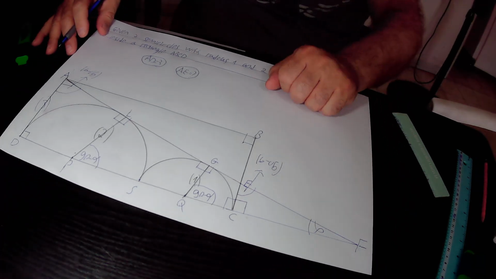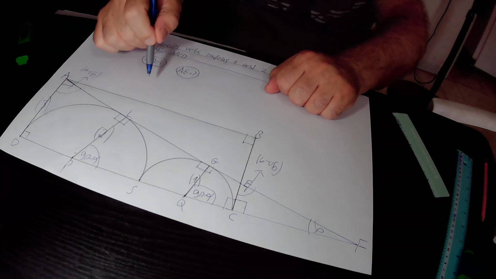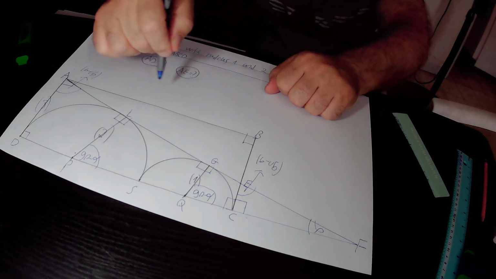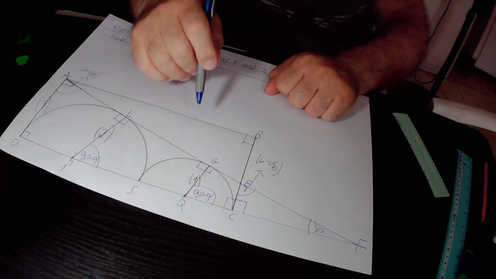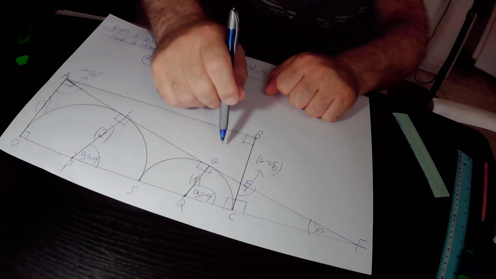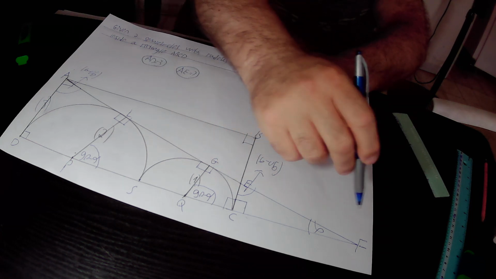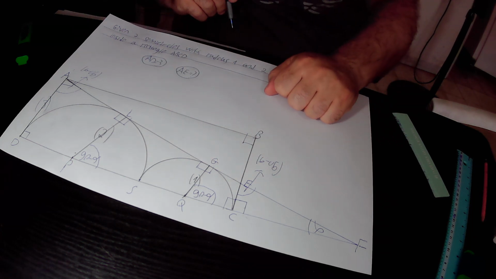In the next step, we will prove that this big right triangle LPF is similar to this small right triangle GQF. Okay, so I write it down.